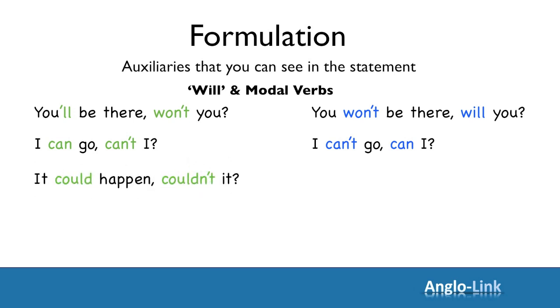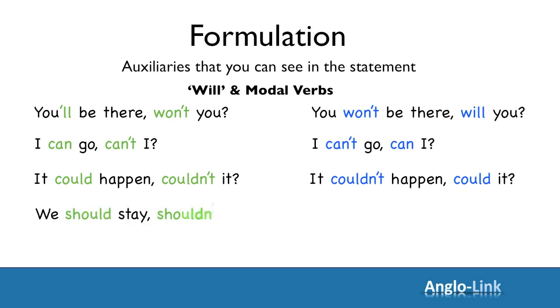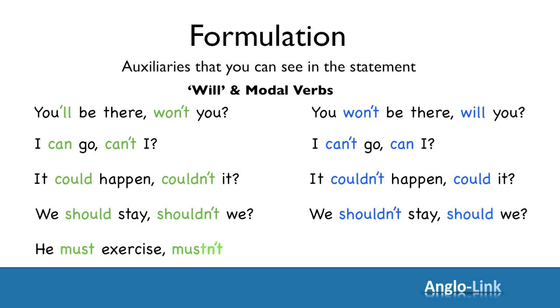It could happen, couldn't it? It couldn't happen, could it? We should stay, shouldn't we? We shouldn't stay, should we? He must exercise, mustn't he? He mustn't exercise, must he?